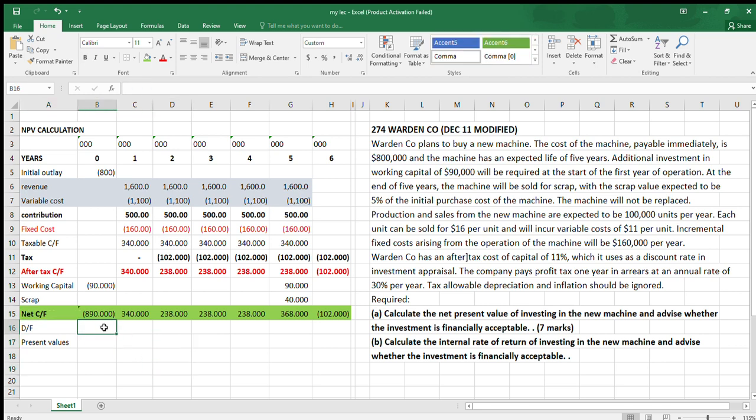Now we have to look at our discount factor. In the question, we have a cost of capital of 11%.